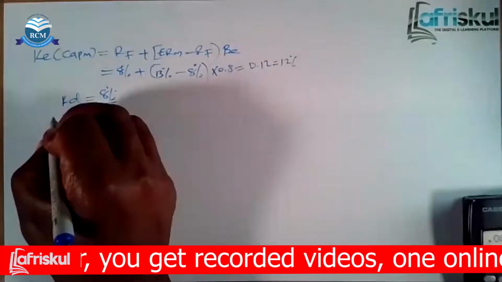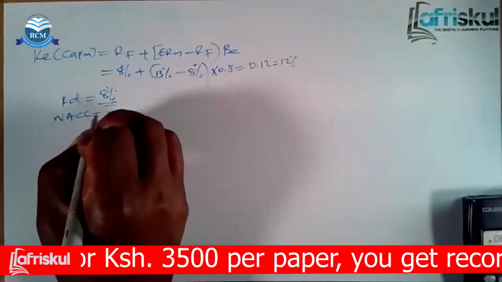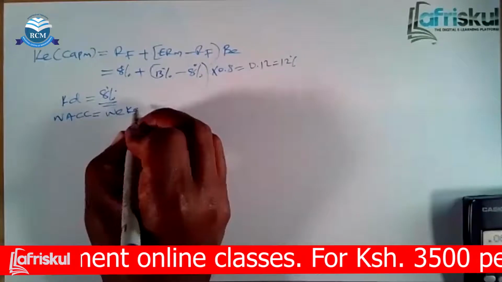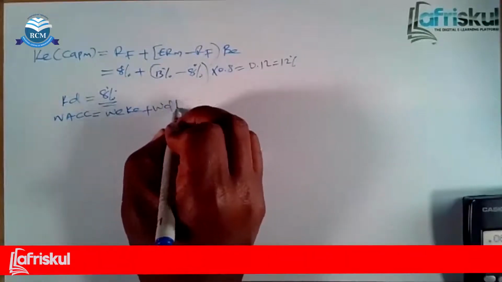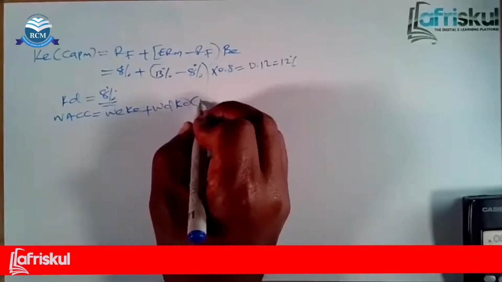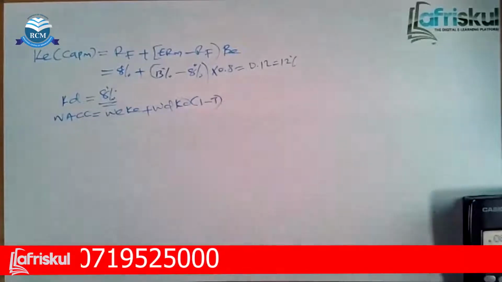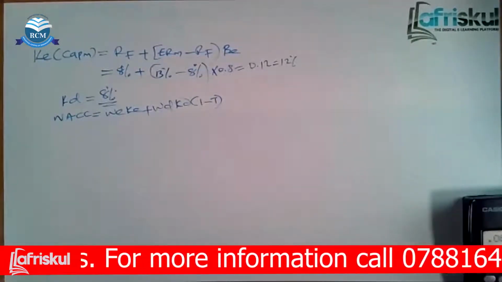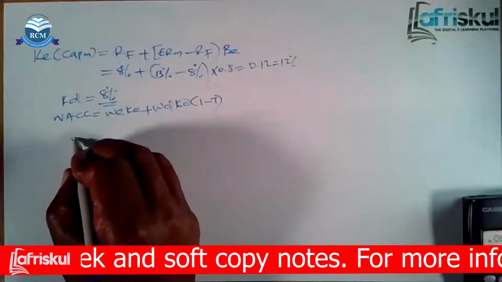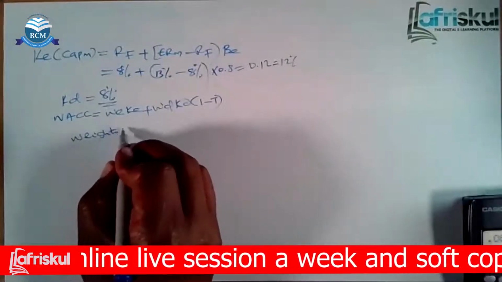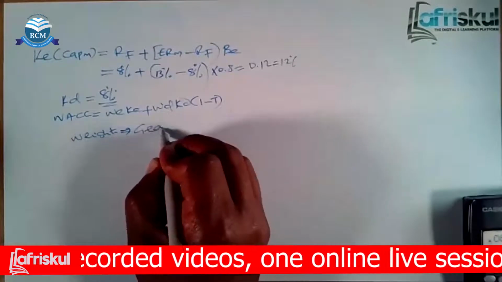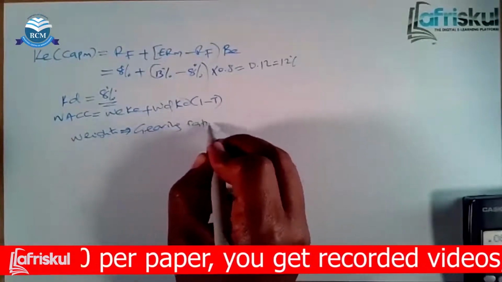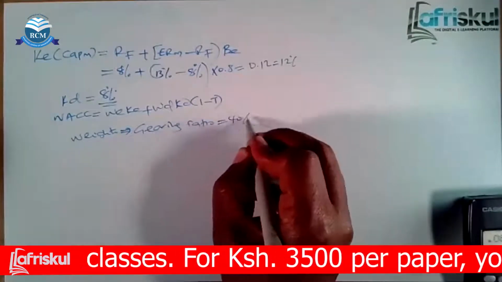In that case, our WACC will be weight of equity times cost of equity, plus weight of debt times cost of debt. And remember, cost of debt is normally after taxation, less tax. Now, how do we get the weights? Fortunately, they have given us the gearing ratio, which is 40%.